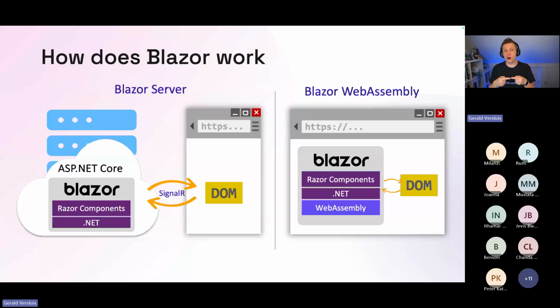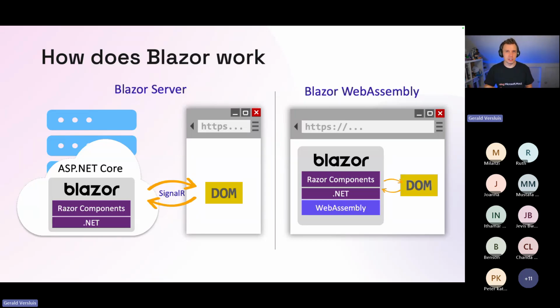Through a SignalR connection, which is a library built by Microsoft as well, an abstraction over the real-time communication libraries available on the web, it connects your browser to the server and sends signals back and forth: the user clicked on this, they changed this value, what do I need to update in the browser? And it will update your document object model, your web application.